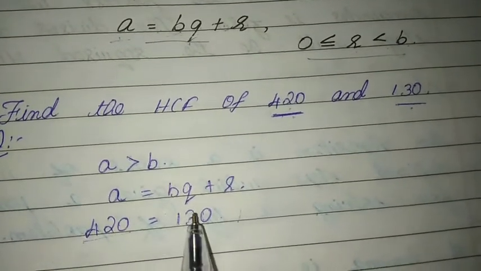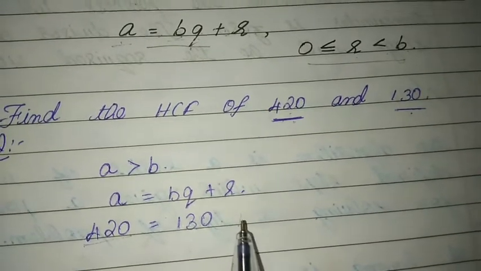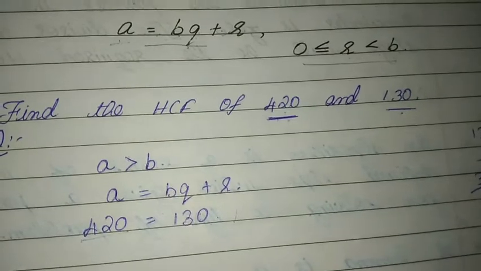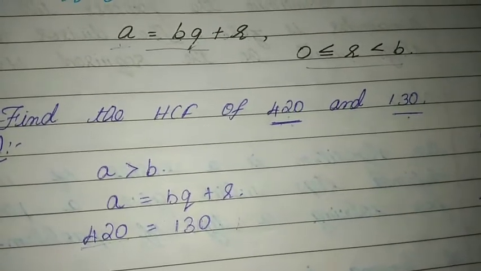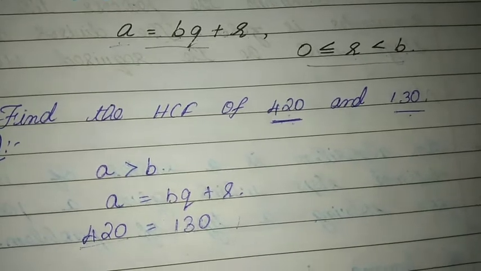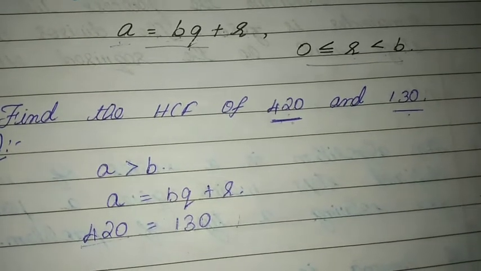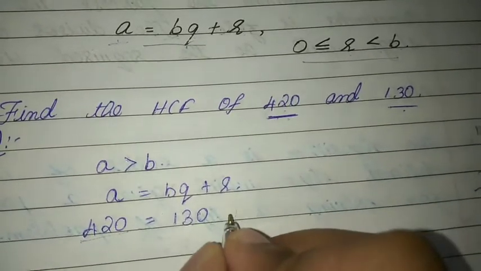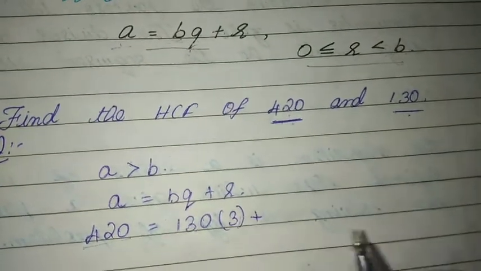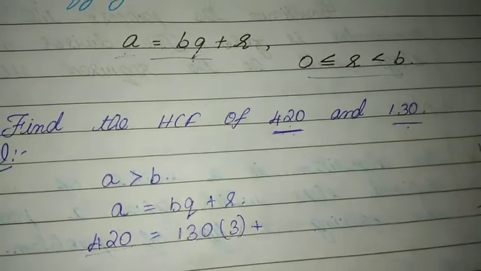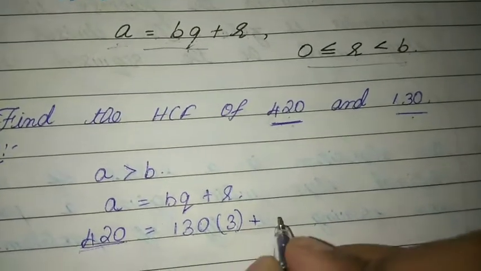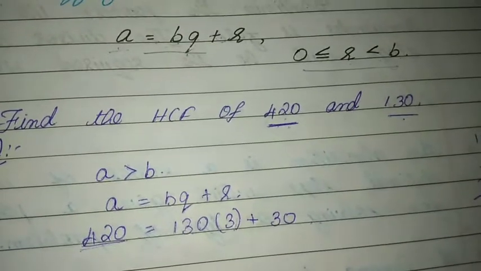Okay, if I multiply with 3, I will get 390, and if I multiply with 4, I will get 520. So I cannot subtract. Okay, so I have to add only. So the lowest number I will take, that is 3. 130 into 3 gives me 390. I have to get 420 as the answer, isn't it? So I will have 30 here.